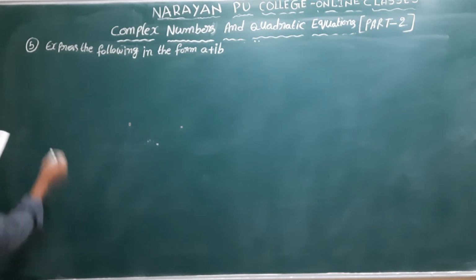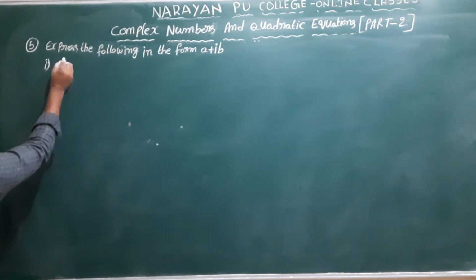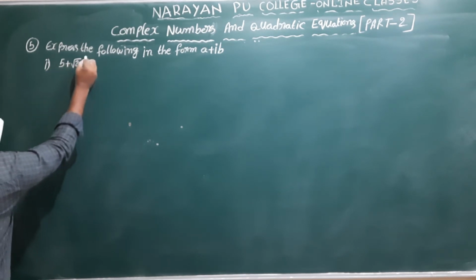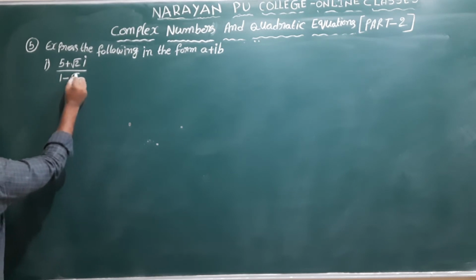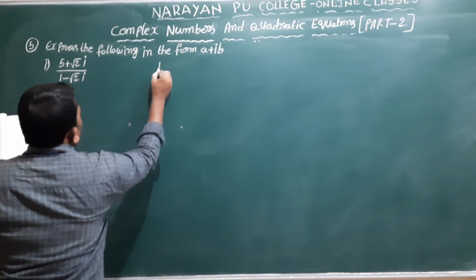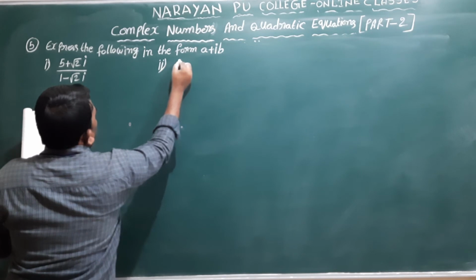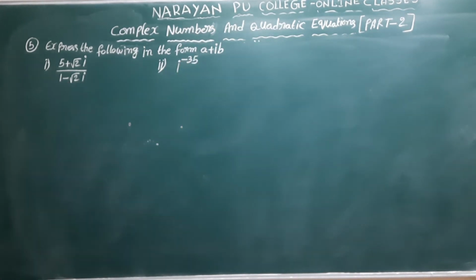In that, two sub-problems are there. First one, 5 plus root 2 into i divided by 1 minus root 2 into i. Second one, i power minus 35. First we'll do the first sub-problem.